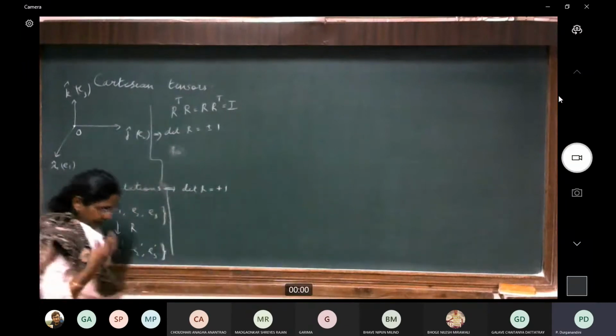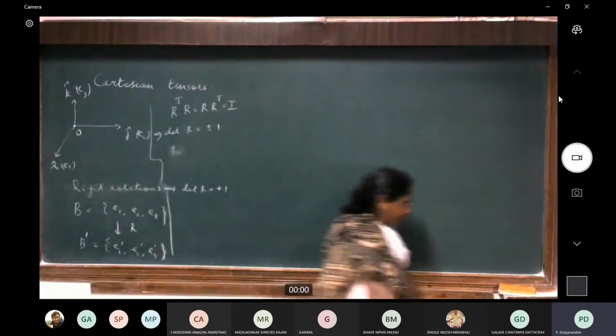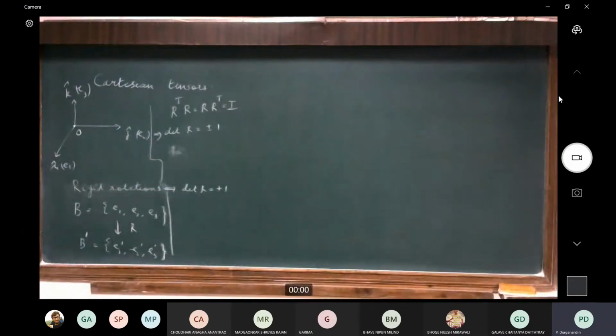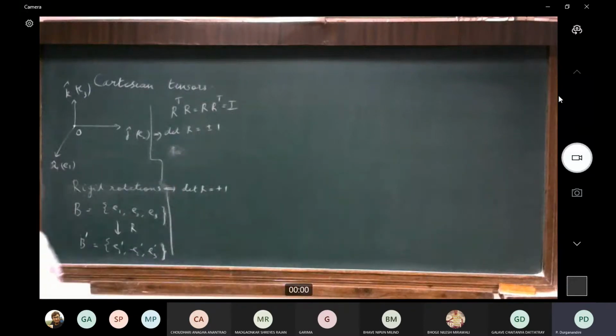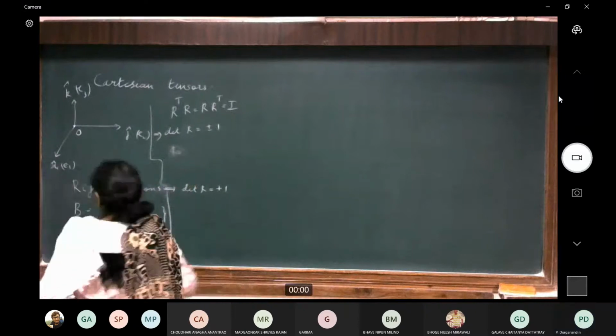Later we'll see that these are what are known as proper rotations. Afterwards, we'll also discuss what kind of transformations we need when we have determinant of R equal to minus 1. I will come back to that. So implicitly, I assume this. Okay.